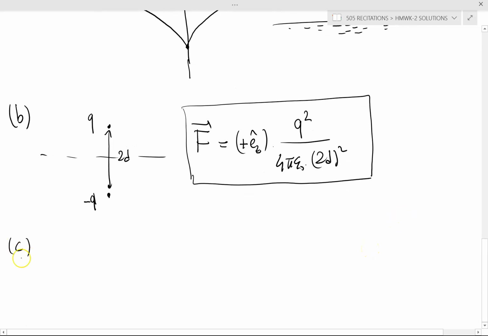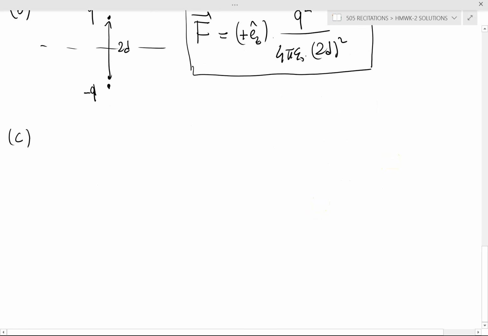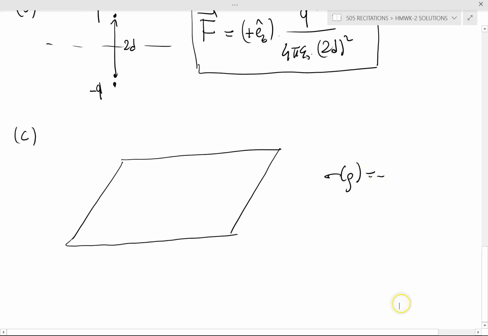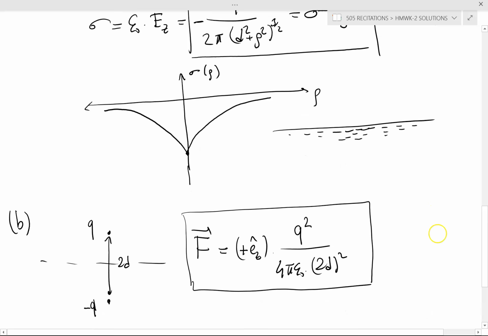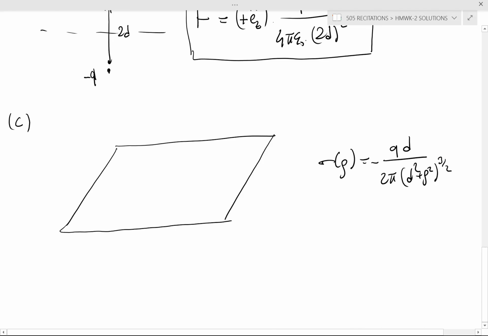Okay, for this purpose now I will follow the following approach. You see, it is our infinite plane whose charge density is only a function of rho. It is phi symmetric, minus Qd divided by 2π (d squared plus rho squared) to the power of 3 over 2, right? Let me quickly check. Yeah. Okay.